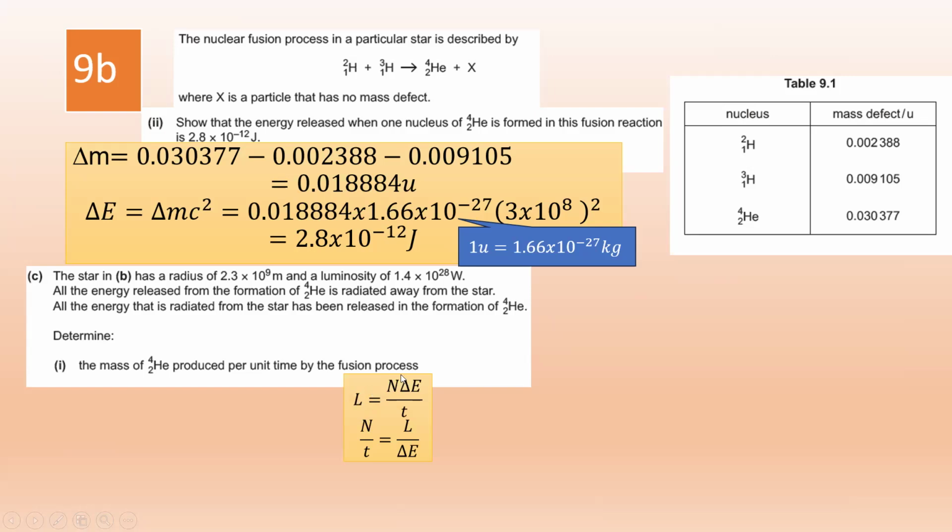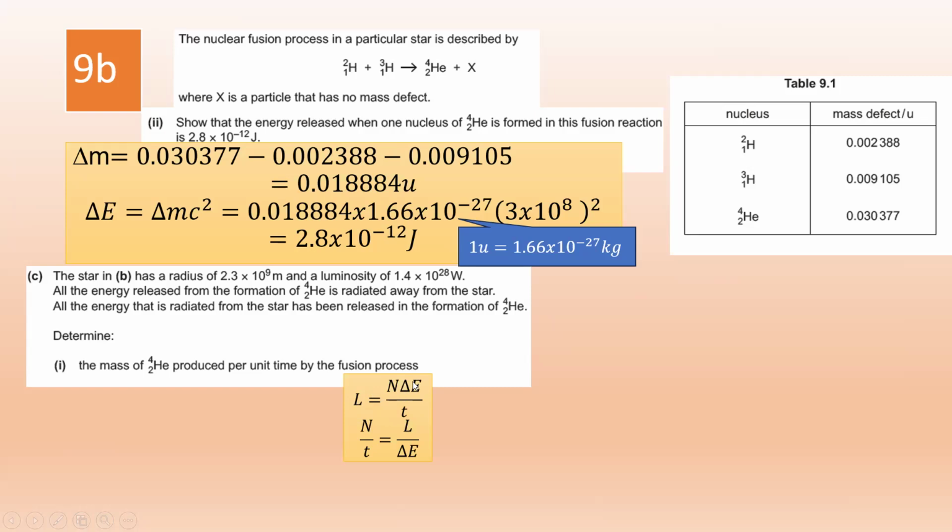Total power. There's a number of atoms, and that's the energy released for this reaction. So you want to find N over t. Right?